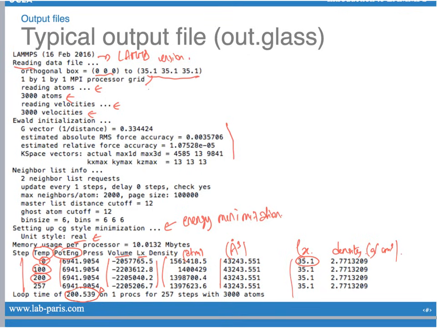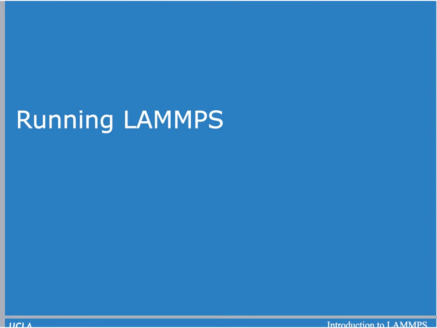It took 200 seconds with one processor to perform those 257 steps of energy minimization for the 3000 atoms. This is information that is always useful to predict how long a given simulation is going to take before it finishes, so that you can plan accordingly how many processors you choose for this simulation and how much time you allocate for it to finish.